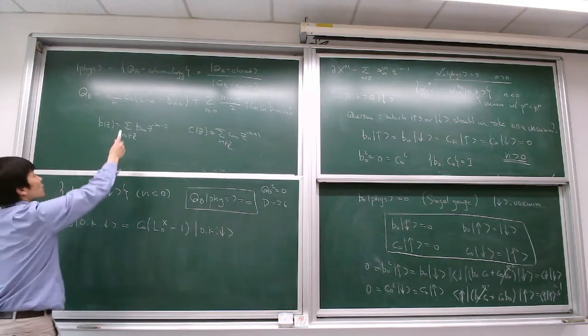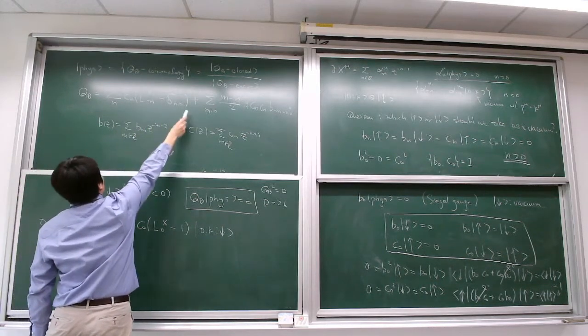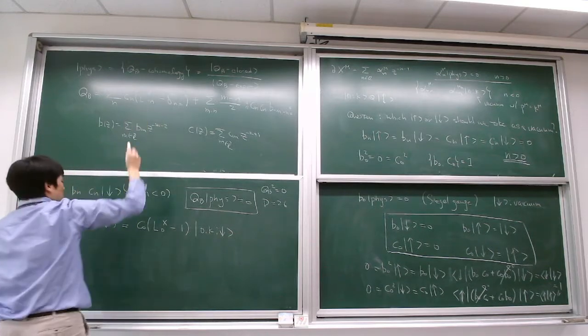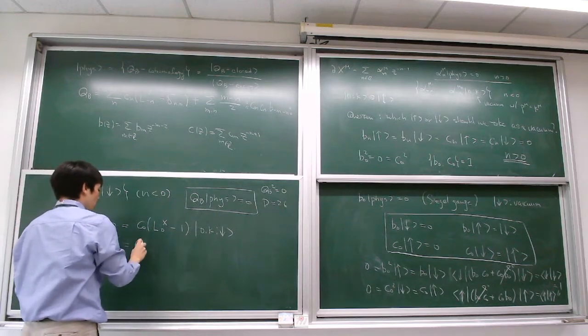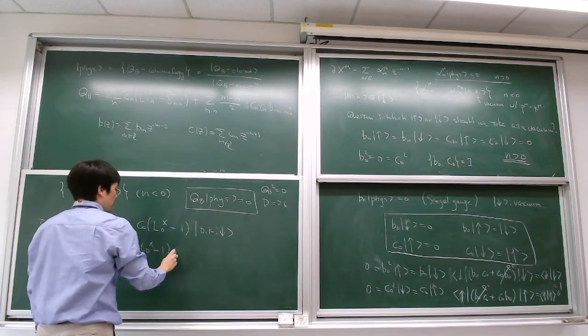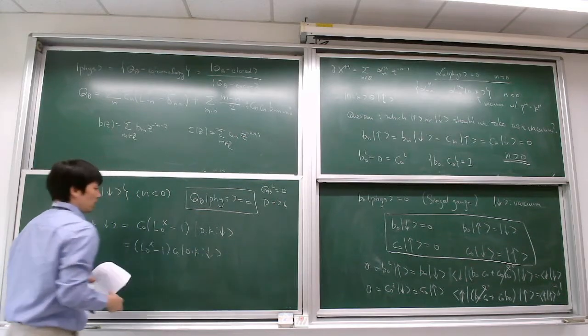Since this is a bosonic state, and C and the bosonic states commute, C and the X will commute, so you can bring it to the right.